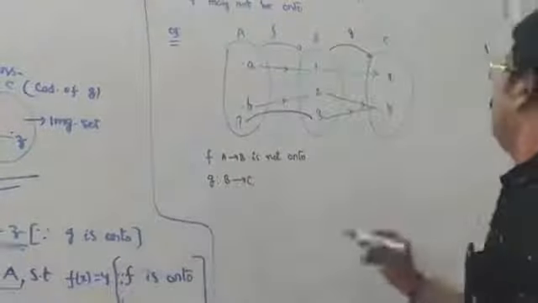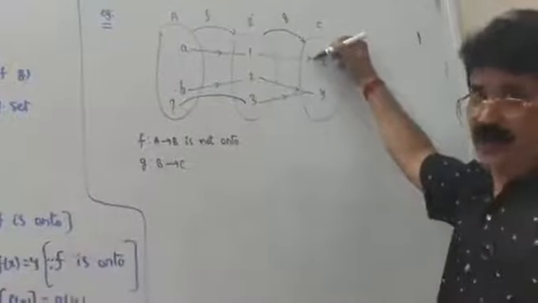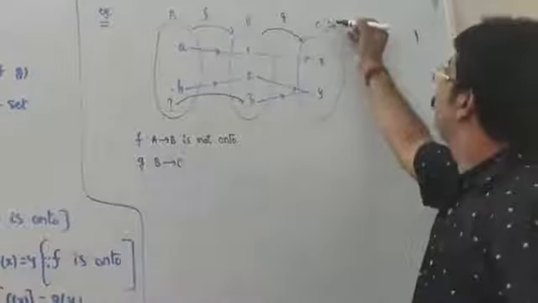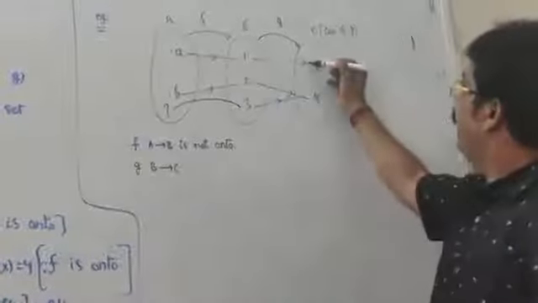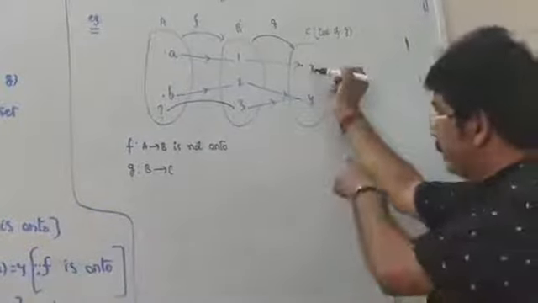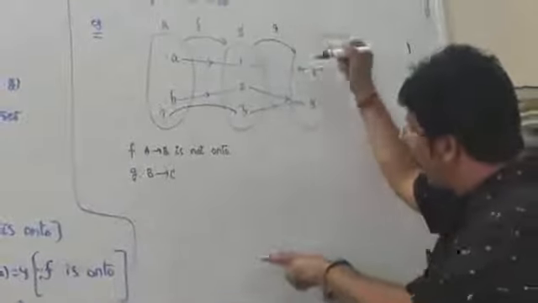Next, g from B to C. We are verifying onto function, not one-one function. C is the codomain. I am asking one question: x is the image of which element? At least one pre-image is there for x.